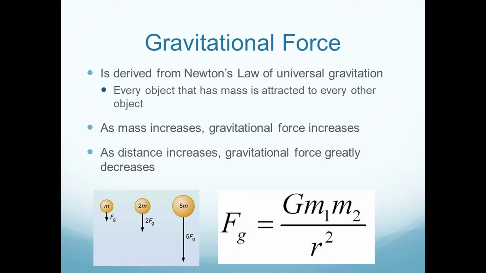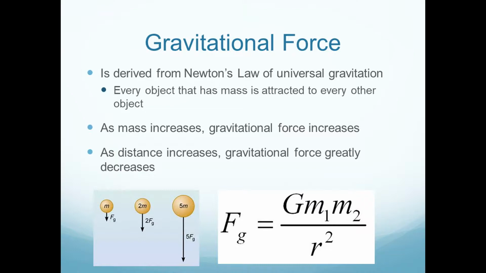Now Newton's law also states that as mass increases, so does the gravitational force. Because the sun compared to the Earth is much larger and has a greater mass, the sun's gravitational force is much greater. And then when you add distance into it, as distance increases, the gravitational force greatly decreases.